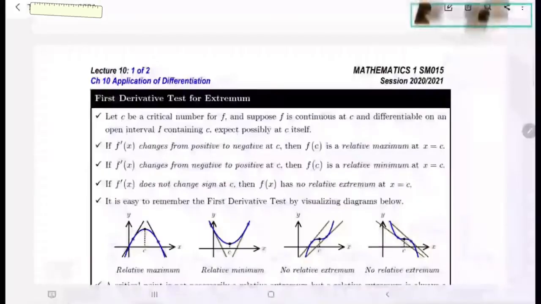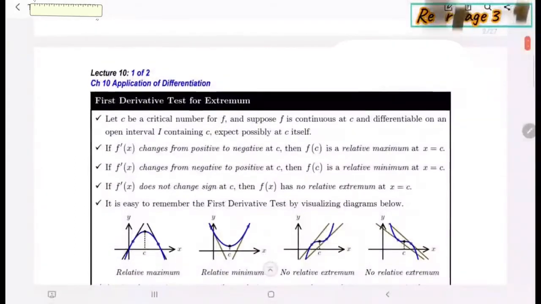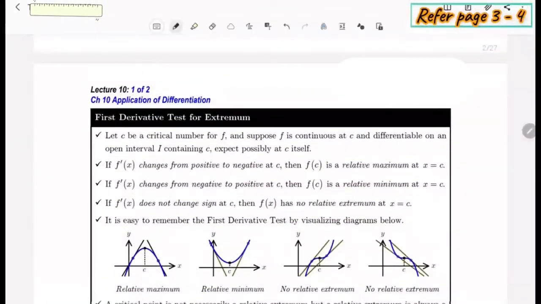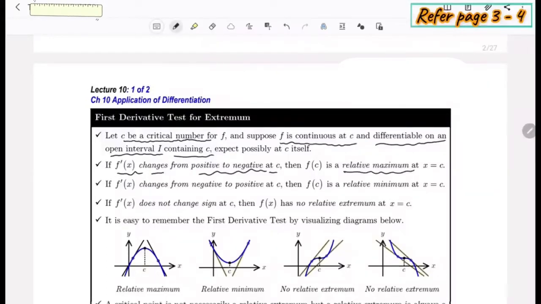First derivative test. Let c be the critical number. Okay, f is continuous at x equals c and differentiable on the open interval I containing c. If f prime x changes from positive to negative at c, it is a relative maximum.